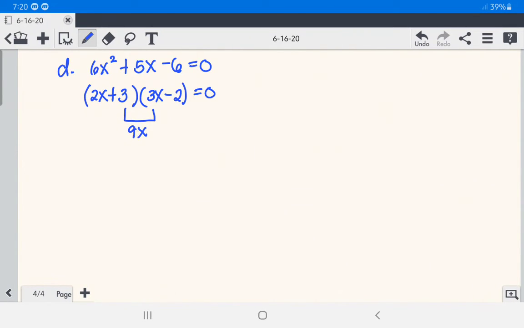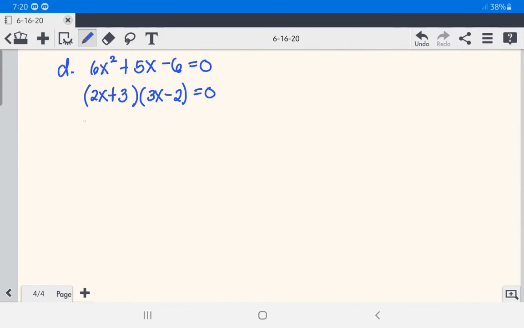Then 2x times negative 2, we have negative 4x. So if we're going to add that, the result is positive 5x. So which is the middle term? 5x. Therefore, these are the factors of this trinomial.